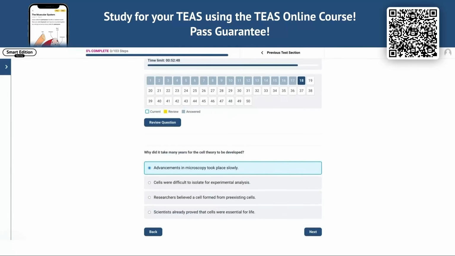And you want to understand the advantages as well as the disadvantages of different types of microscopes. So as a refresher, the cell theory states that all things are made up of cells and that cells are the basic unit of structure and function in living things.